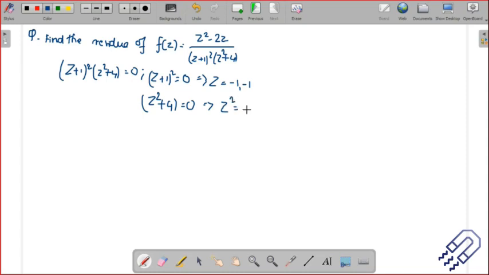Z square is equal to minus 4. So that means z is equal to 2i and minus 2i. So these two values that we have, z is equal to 2i and minus 2i, are simple poles. Why? Because one is 2i, one is minus 2i. They are not repeated. Okay, so these two are simple poles.